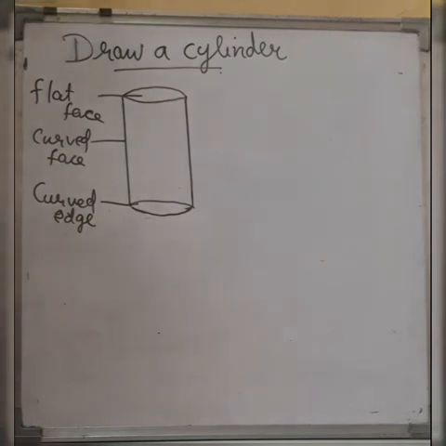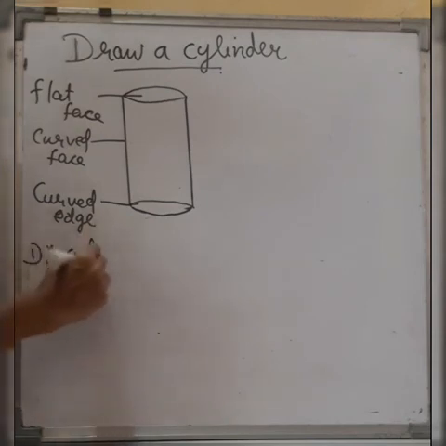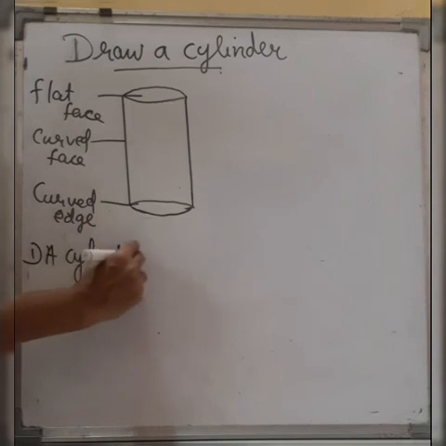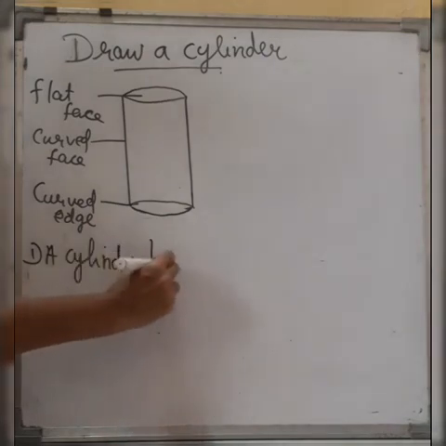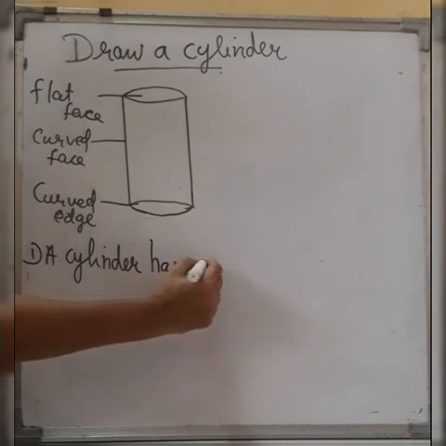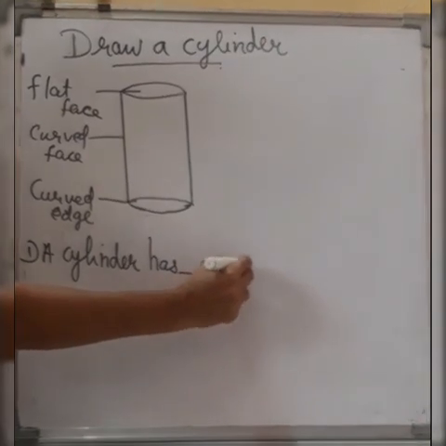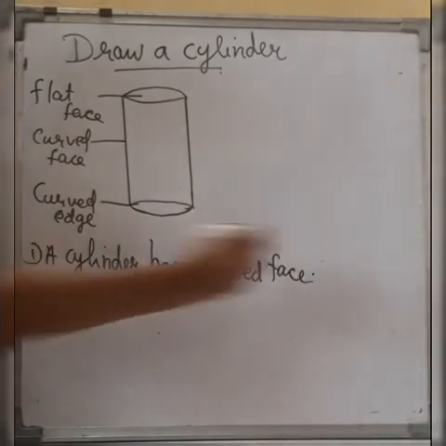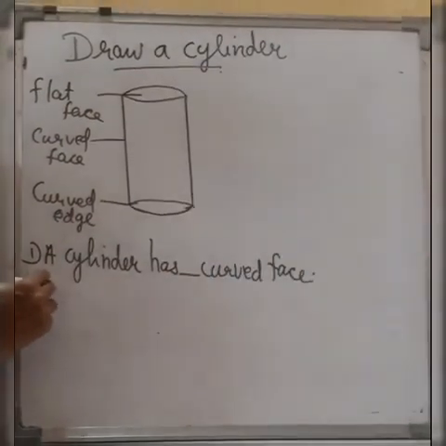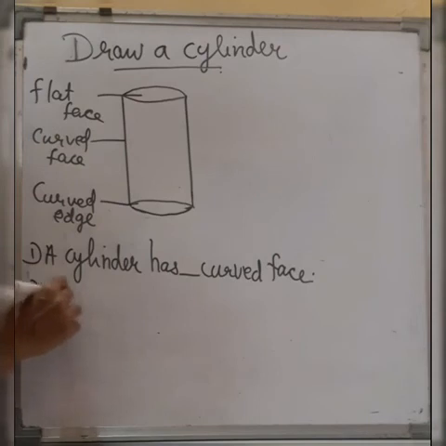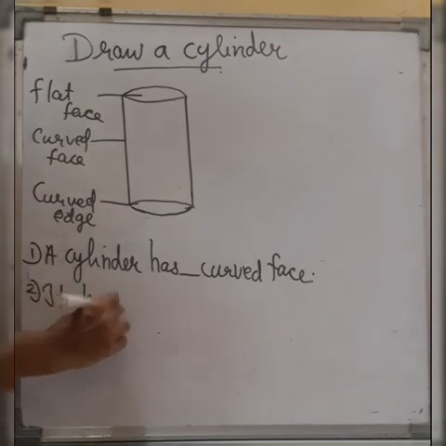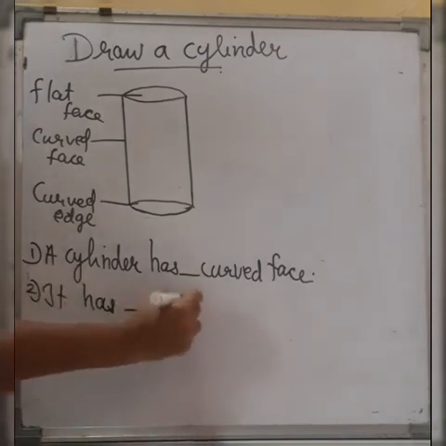I am going to write some questions. You must write the answer of these questions. Okay. These are the questions. A cylinder has blank curved face. A cylinder has blank vertices.